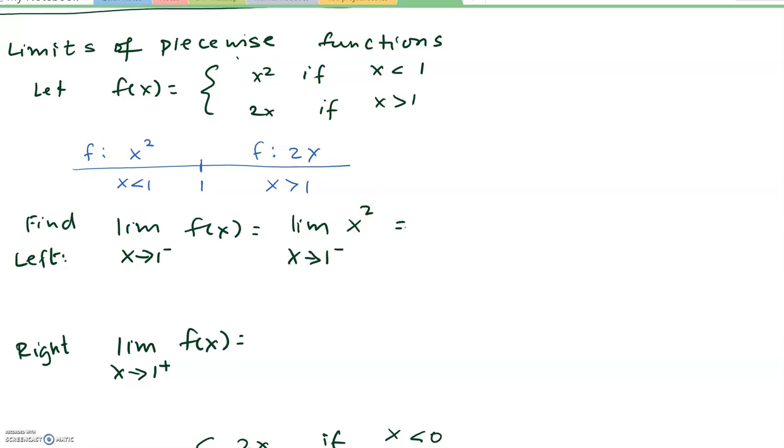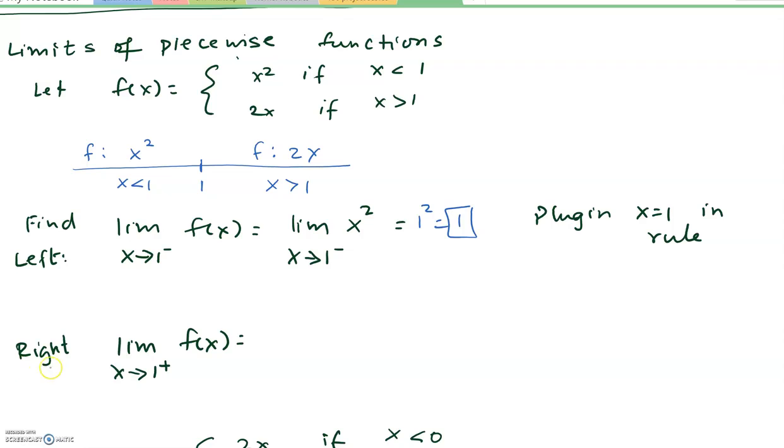We want to find, as x approaches 1 from the left side, what happens to x squared. We can just use the plug-in technique, which is much faster than the table method. So we plug in x equal to 1 in the rule. This becomes 1 squared, which is 1.